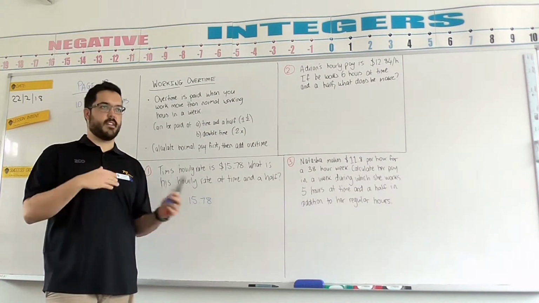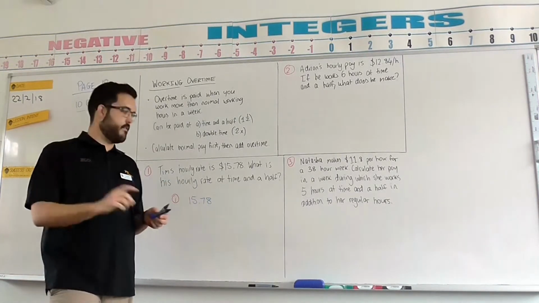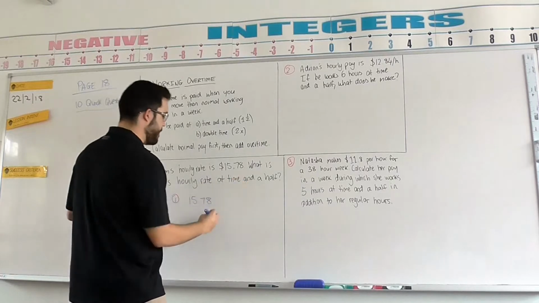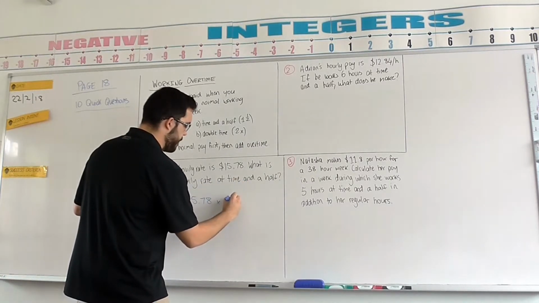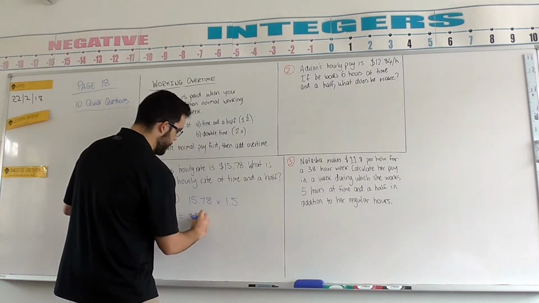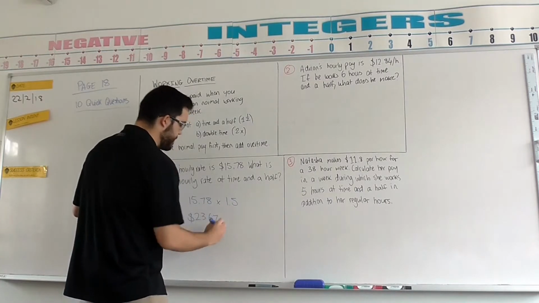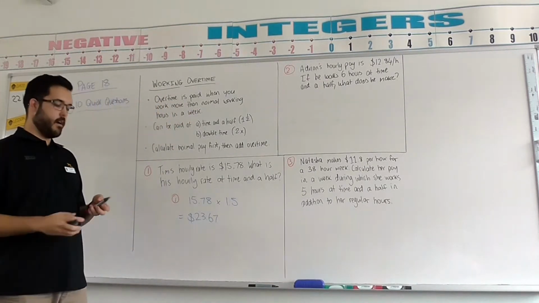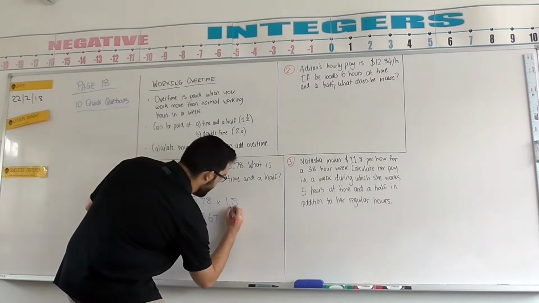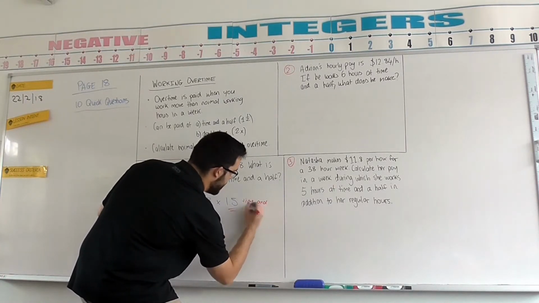Time and a half is 150% of your normal rate, so you're adding 0.5. For time and a half, you multiply it by 1.5. What's it equal? $23.67 an hour.